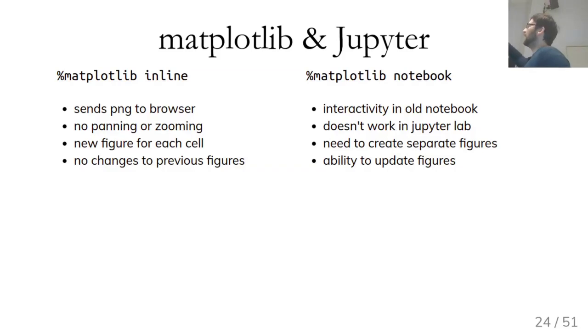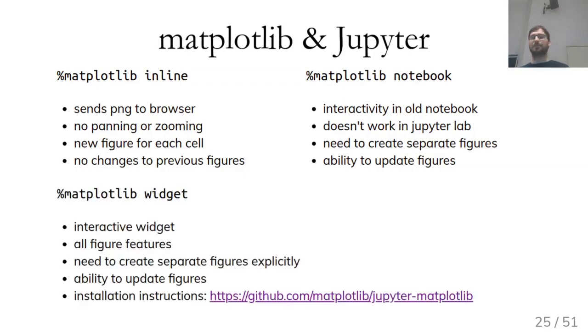This is JavaScript based and doesn't work in Jupyter Lab. But it works in your Jupyter Notebook, and so this allows you to update existing figures, and it allows you to have interactivity, and you can pan and zoom. By default, Matplotlib doesn't have any brushing, which many of the other libraries do.